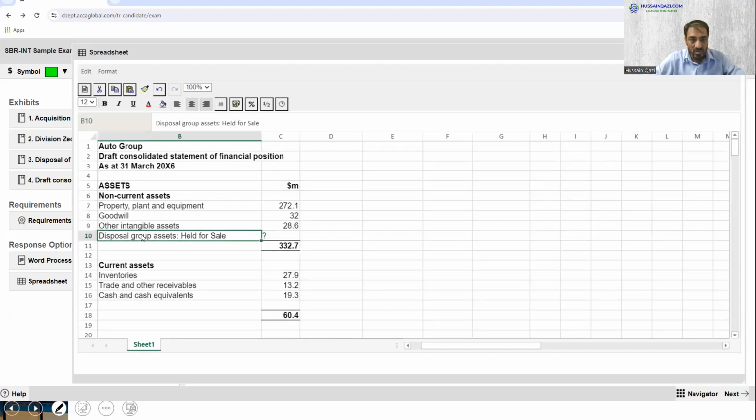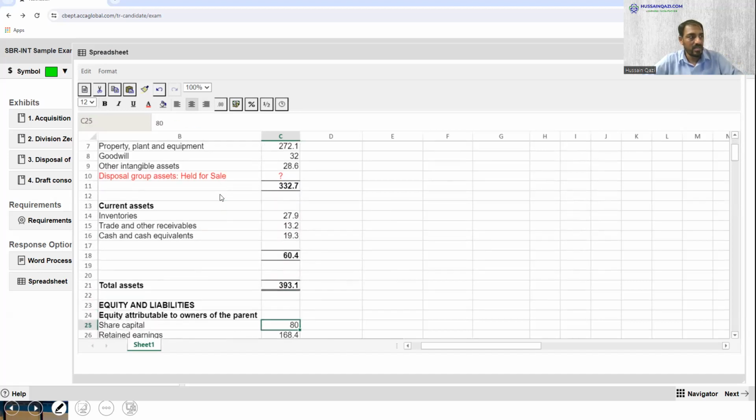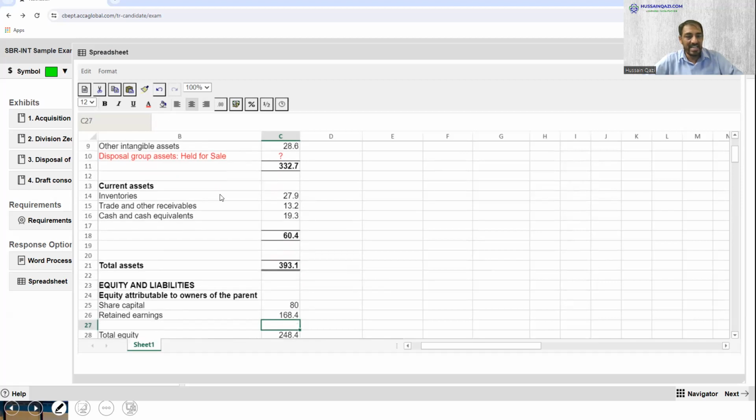But we need to determine the value. That's a point. Same point with the current liabilities.